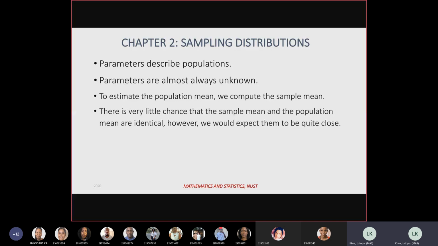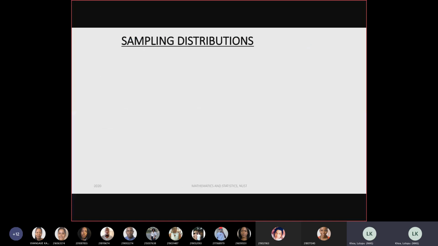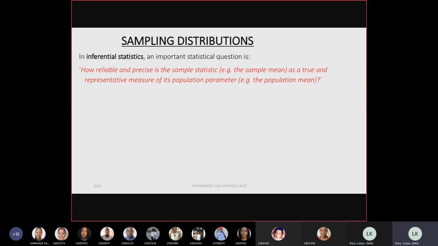Okay, so the first estimate that we will look at is the population mean. And then we'll look at the proportion, and then after that we look at the standard deviation.